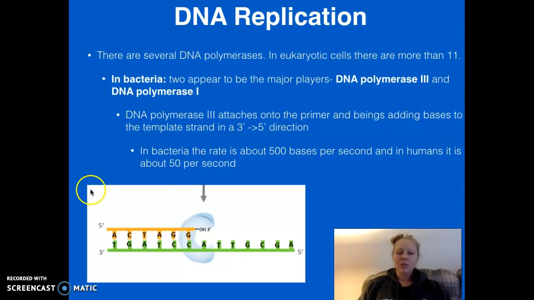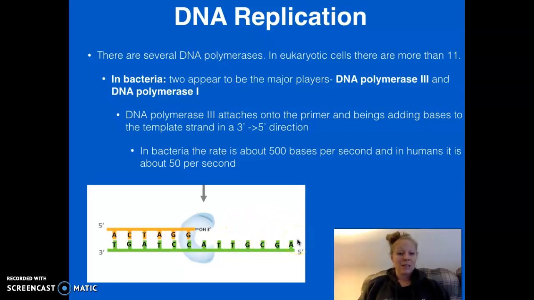There are several different DNA polymerases in a eukaryotic cell. However, there are only 2 in bacteria, so let's study the bacteria. DNA polymerase is the molecule that is going to attach onto that primer and then start attaching nucleotides onto the template strand.